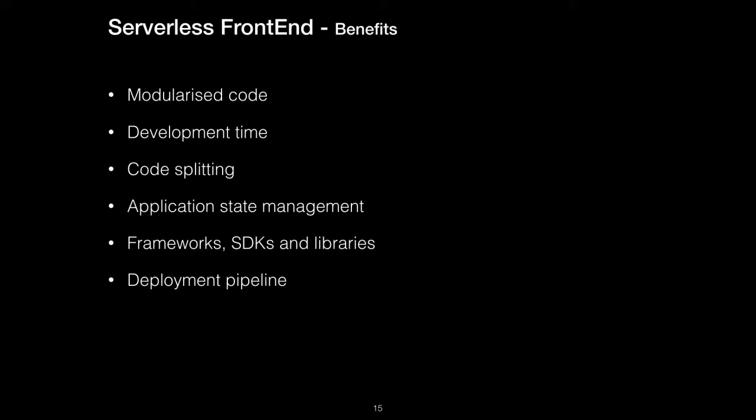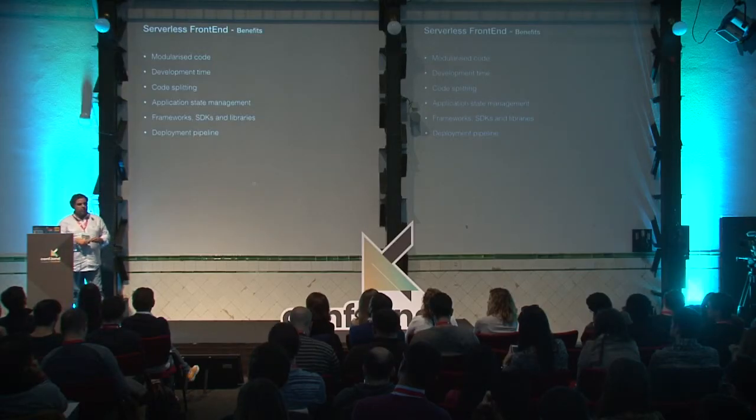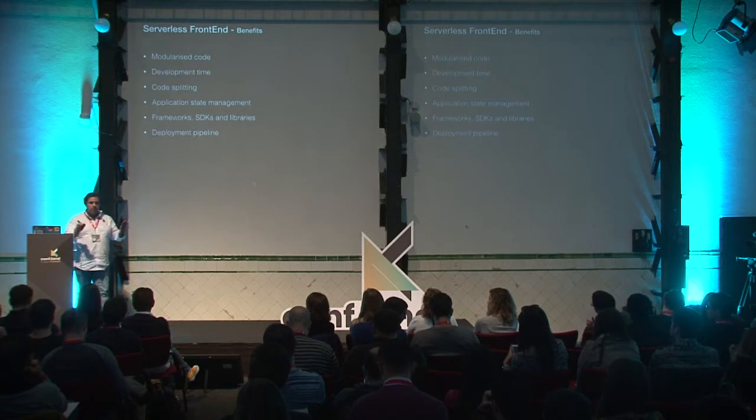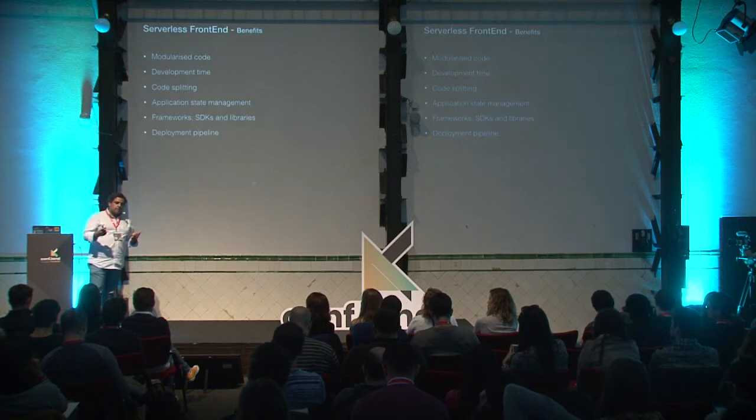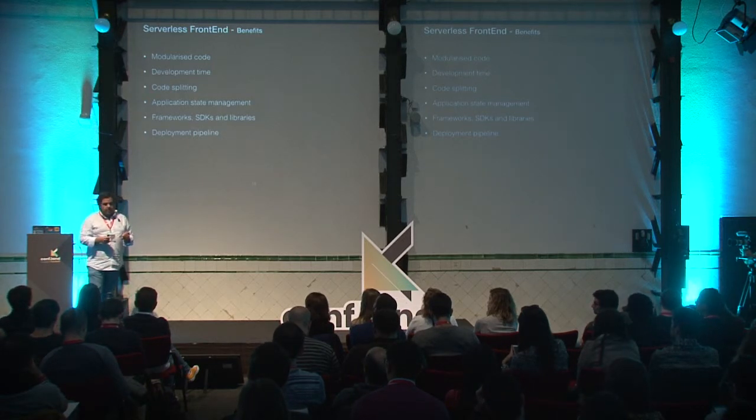What do we benefit with that? So we have modularized code. For instance, if you use React, you can create very small, specific modules, where you have your JavaScript, HTML, and CSS just for that module. On the CSS part, you can use a bunch of libraries.